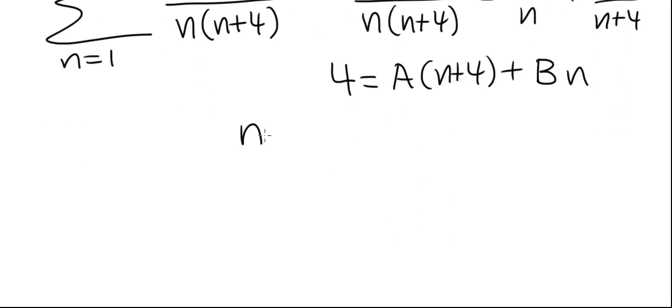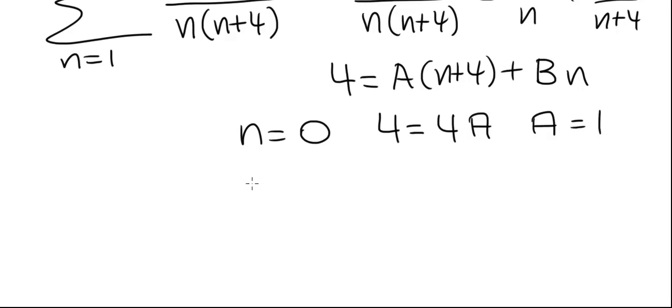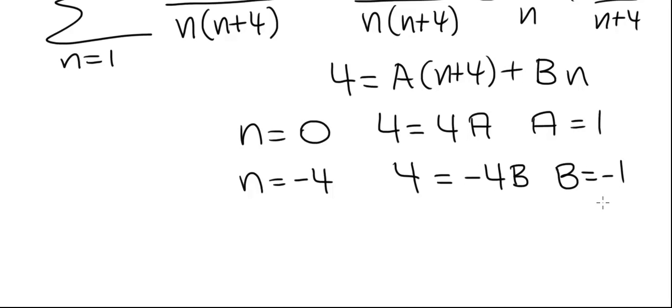First value of n will be 0. That means that 4 is equal to 4a, and that makes a 1. Next value will take minus 4. That says that 4 is equal to minus 4b, and that makes b minus 1.